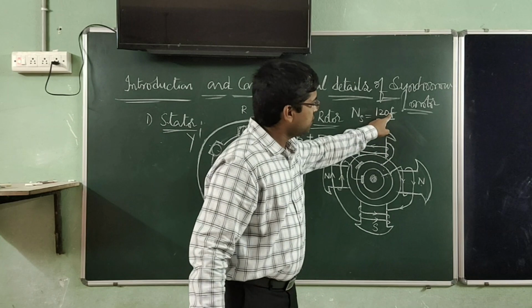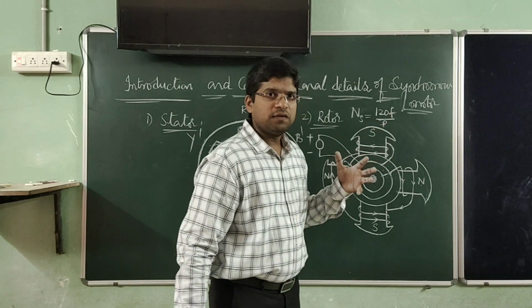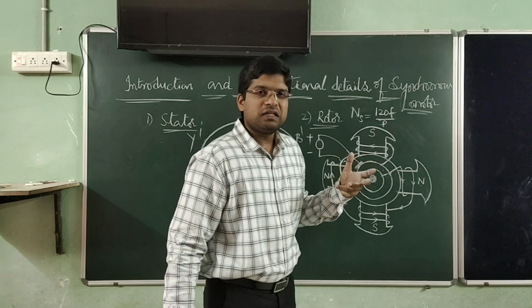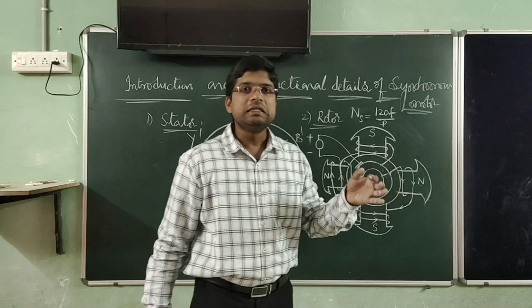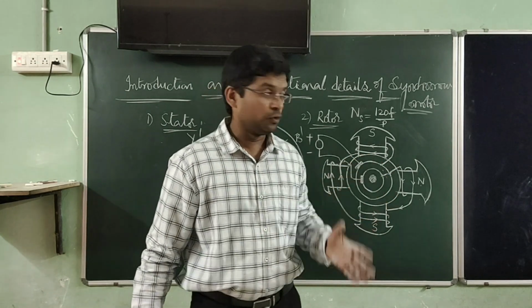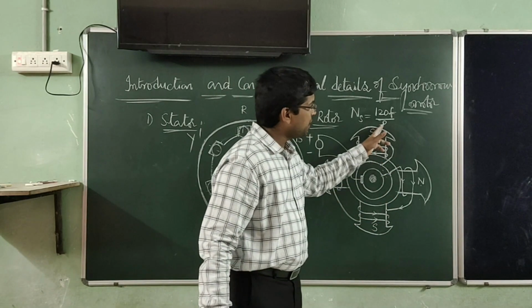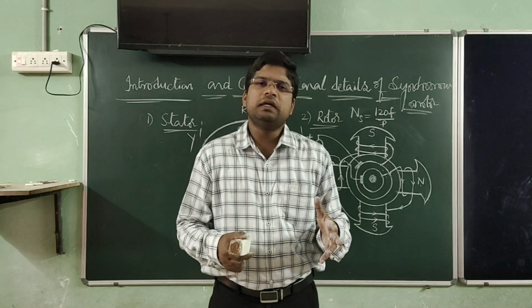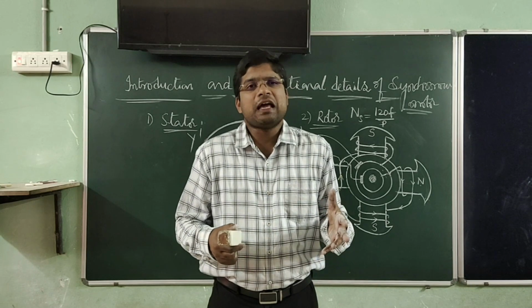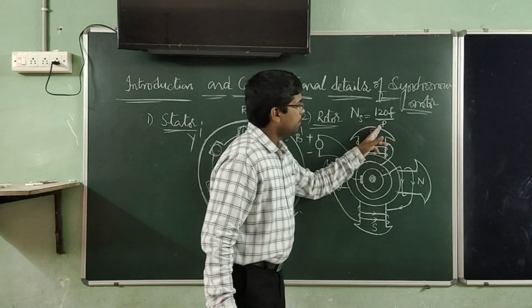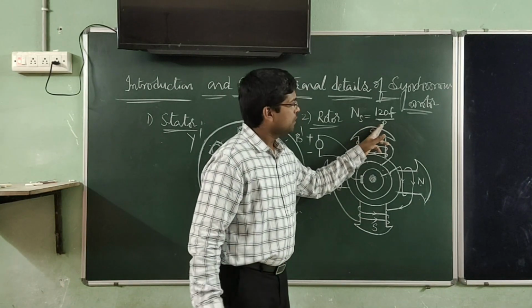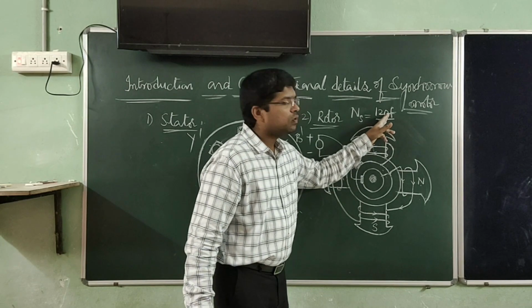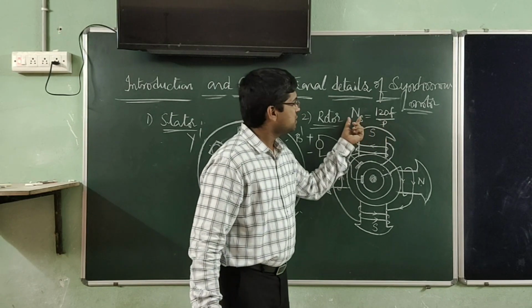Frequency is the frequency of the three-phase supply given to the synchronous motor as an input. But P is the number of poles. Number of poles are already designed at the time of manufacture, so they are fixed. Frequency is the only parameter which can change the speed.